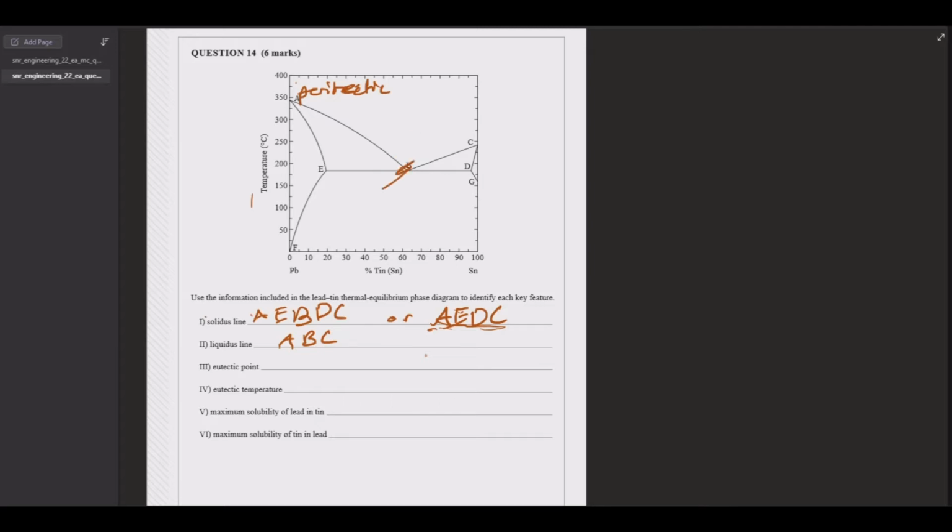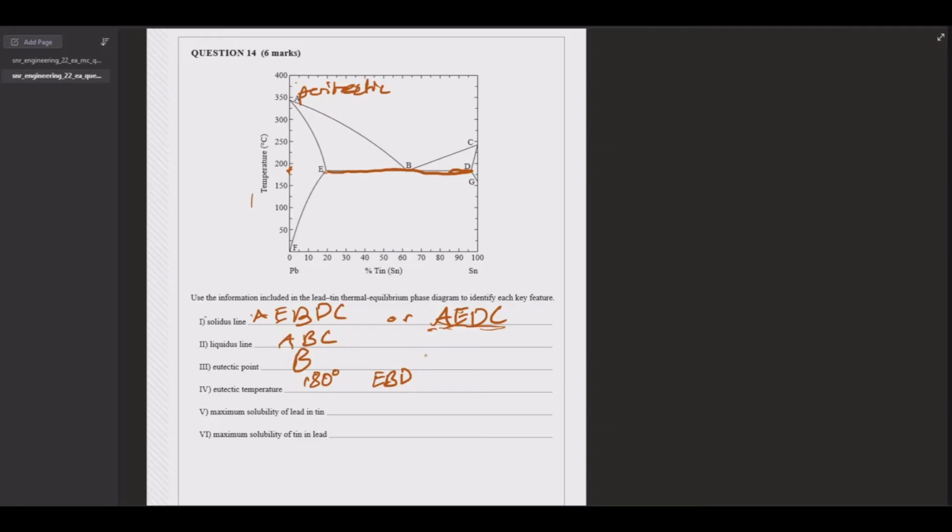So eutectic point is going to be B. And eutectic temperature, they're probably going to want us to say that this whole line is the eutectic temperature here. Or do they give, it might be a numerical value actually. So let's guesstimate here. If it's about there, 175, it's probably about 180. And we'll put in the line itself there, just to be sure.